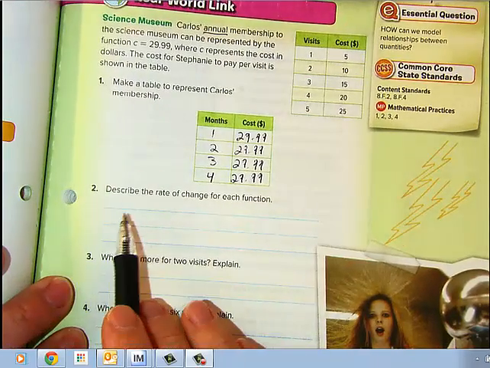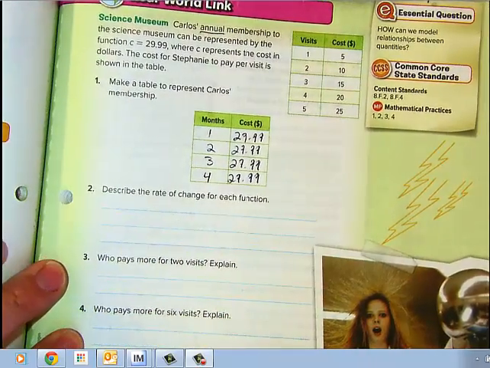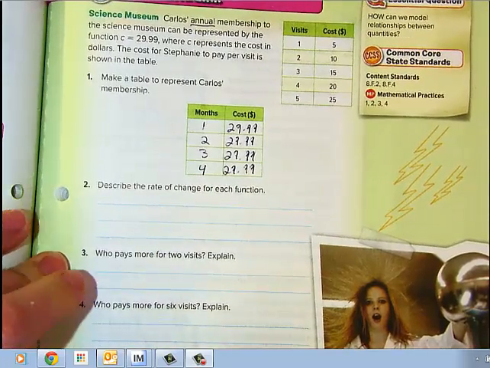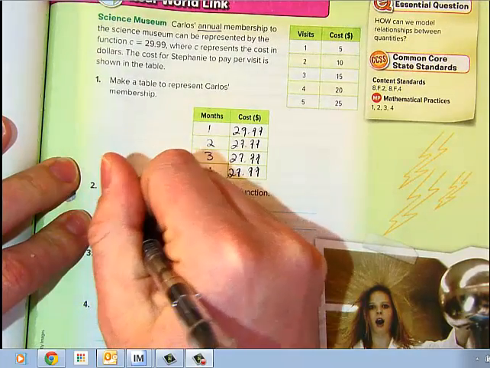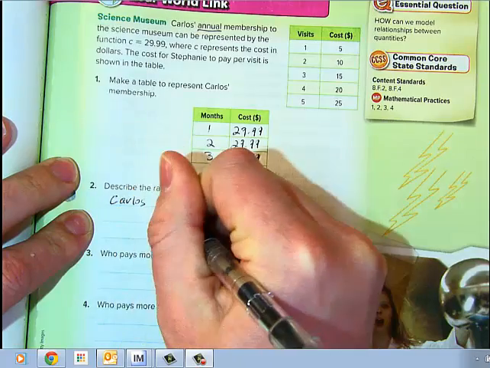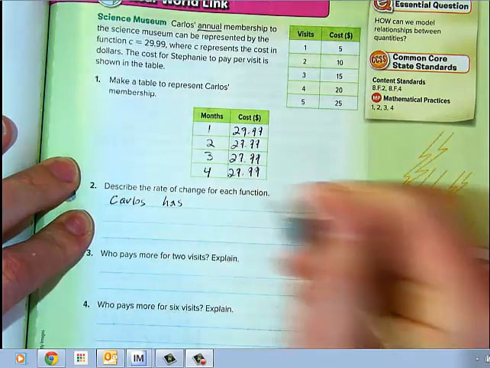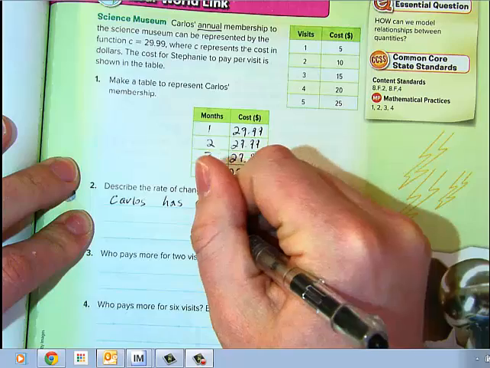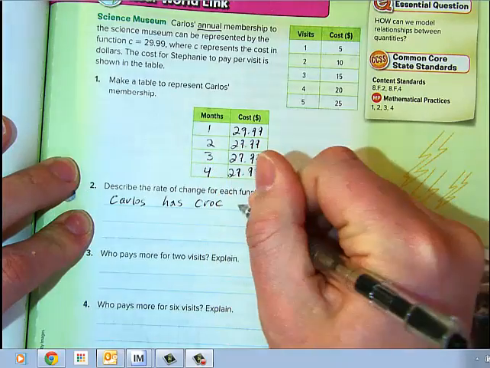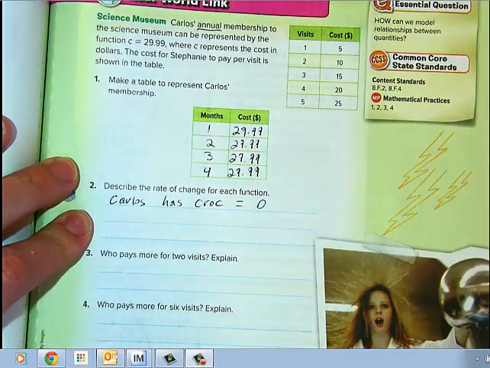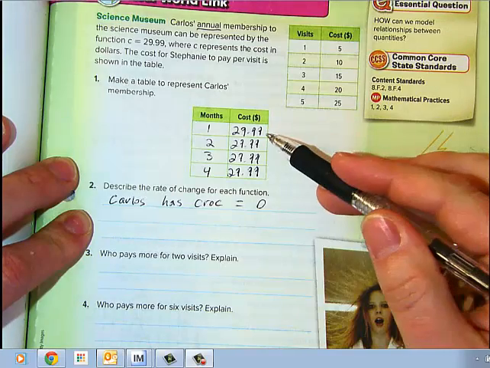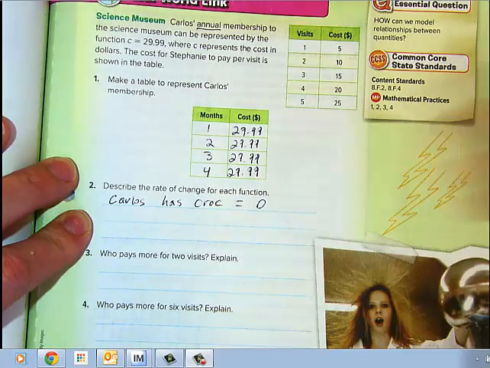It says describe the rate of change for each function. Well, first of all, Carlos's is the simplest. You'd say Carlos has a CROC, or rate of change, equal to 0. His doesn't change. He pays $29.99, and that gets him for the whole year.